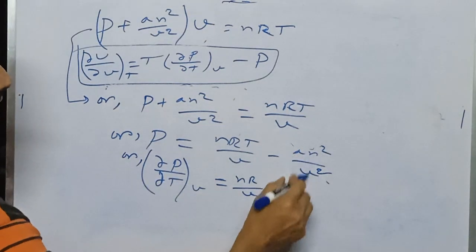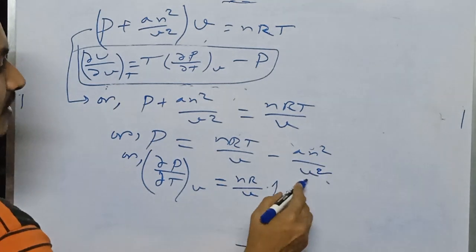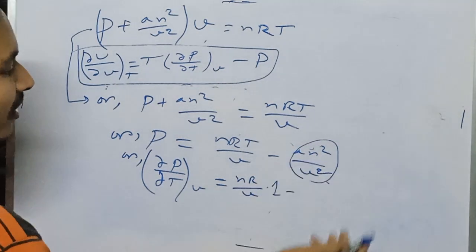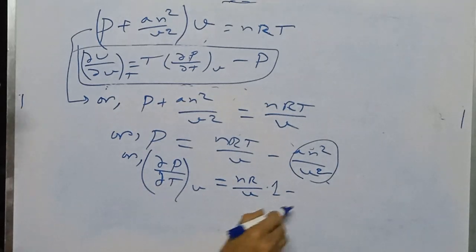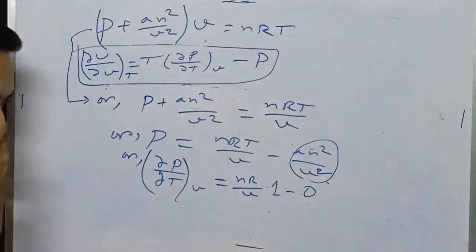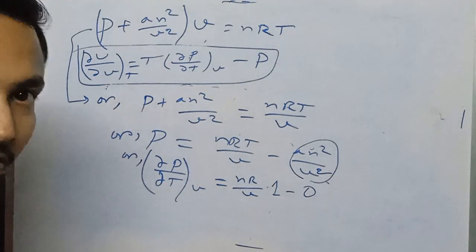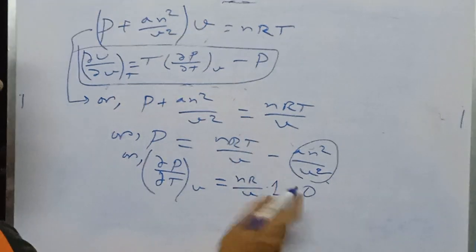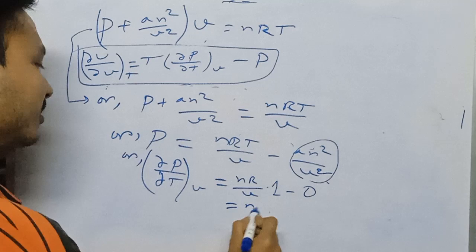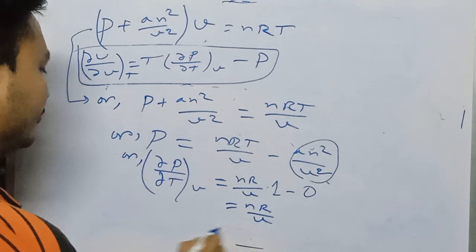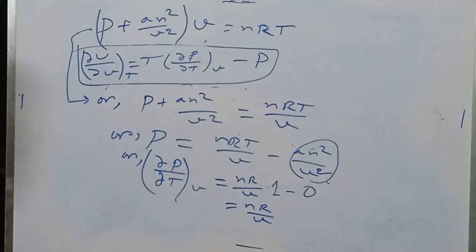Then the differentiation of this constant quantity with temperature gives the value 0, because differentiation of any constant with respect to any variable always gives 0. So here nR by V. Now del P del Tv is equal to nR by V.